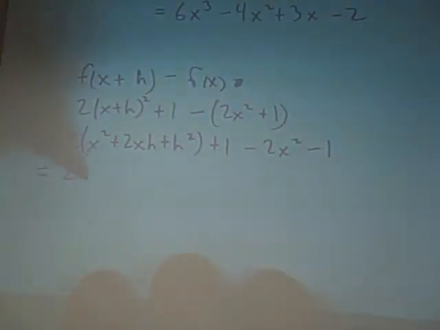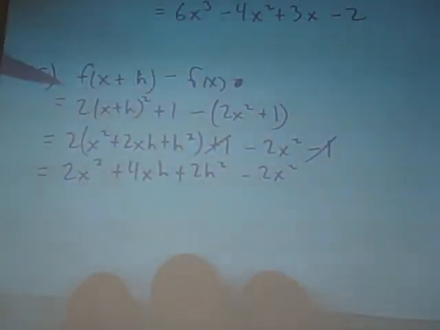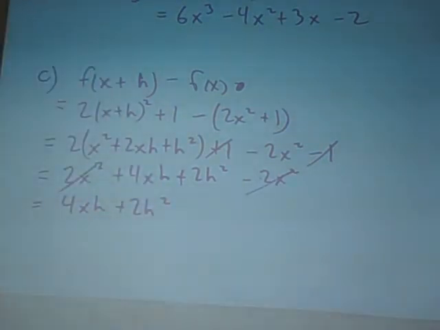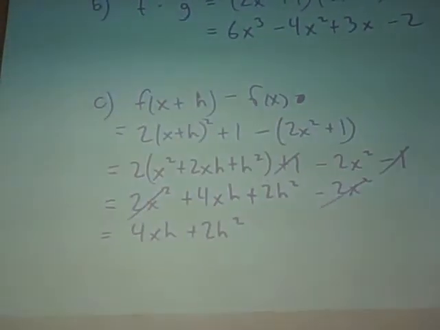Use the distributive property, we get 2x squared plus 4xh plus 2h squared. The plus 1 and the minus 1 cancels, so we get minus 2x squared. So the 2x squareds cancel as well, and so we have 4xh plus 2h squared. Like so.